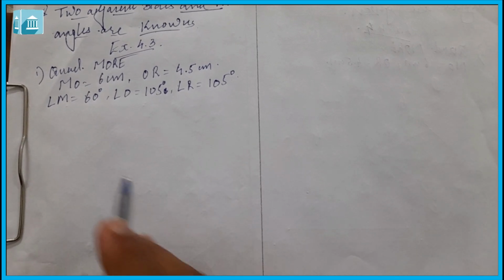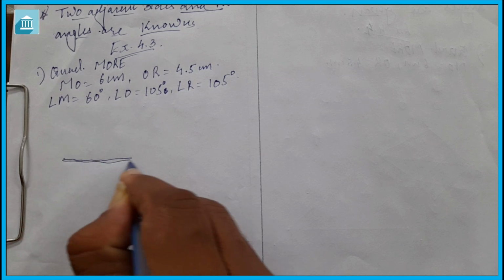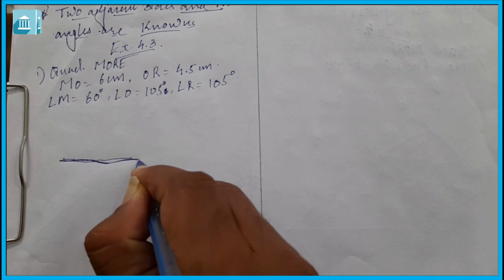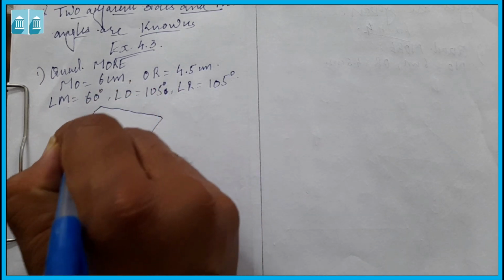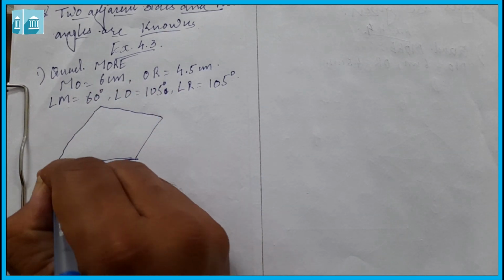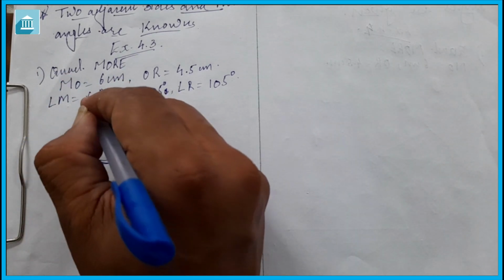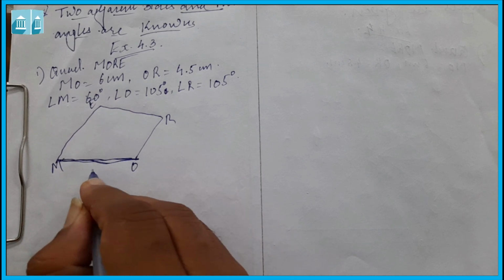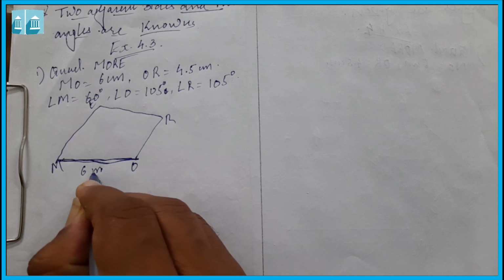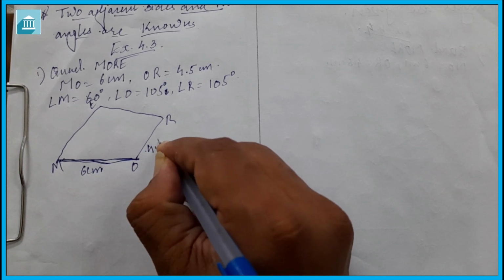Now first we need to draw one rough figure here. Let us draw a rough figure of quadrilateral M-O-R-E, where MO is 6 centimeter and OR is 4.5 centimeter.